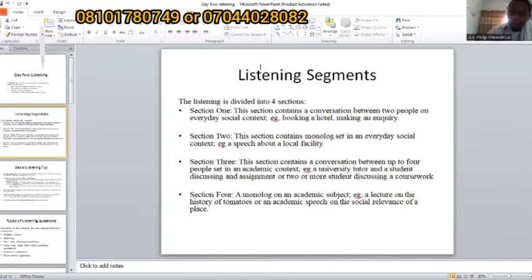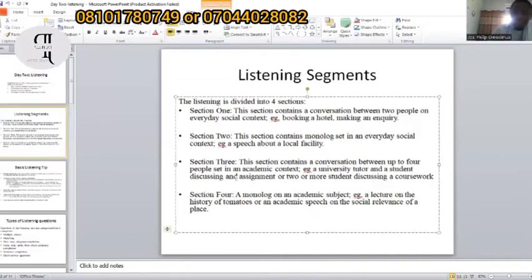Then section 3 contains a conversation between up to 4 people set in an academic context. That is to say, a university tutor or lecturer and a student discussing an assignment, or 2 or more students discussing coursework. There are always more than one person.